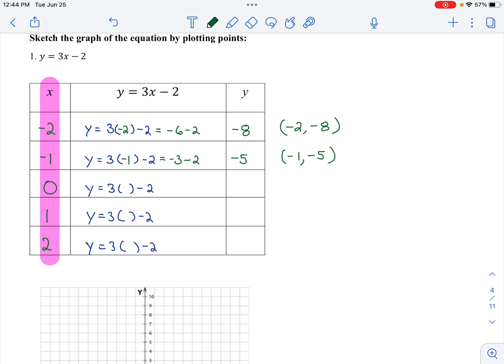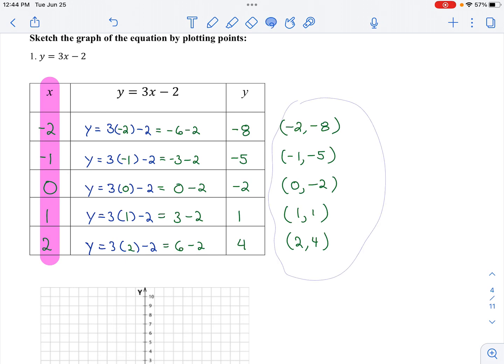And now I'm going to go ahead and evaluate the last 3 values of x. Now, I have 5 points that I'm going to plot on the Cartesian plane.